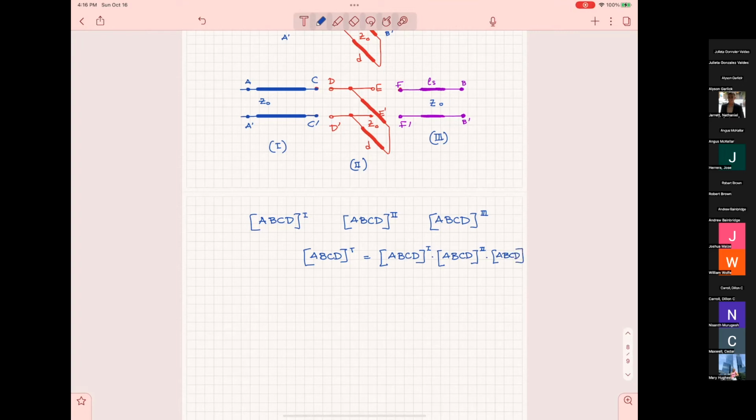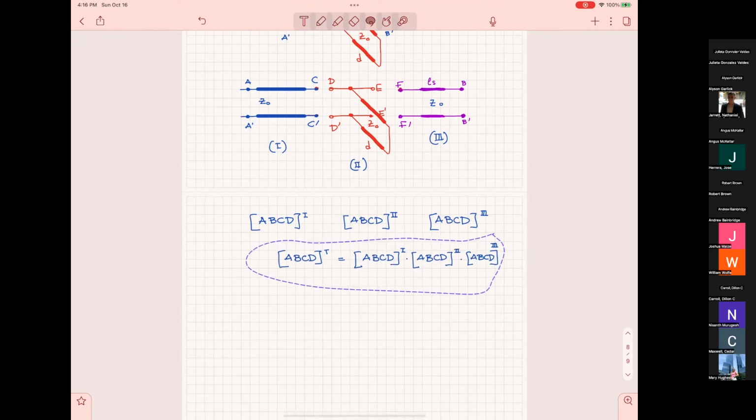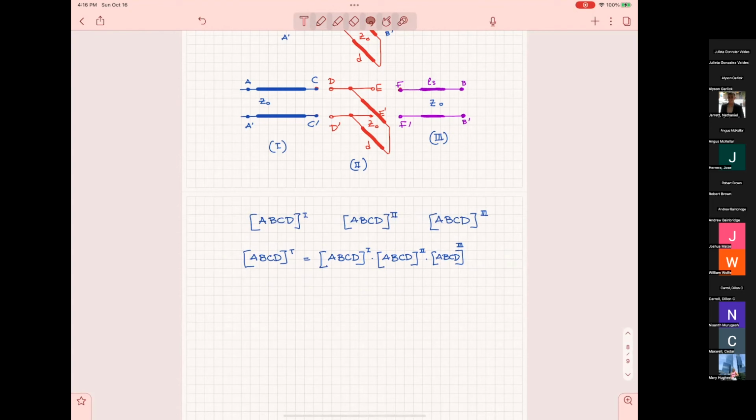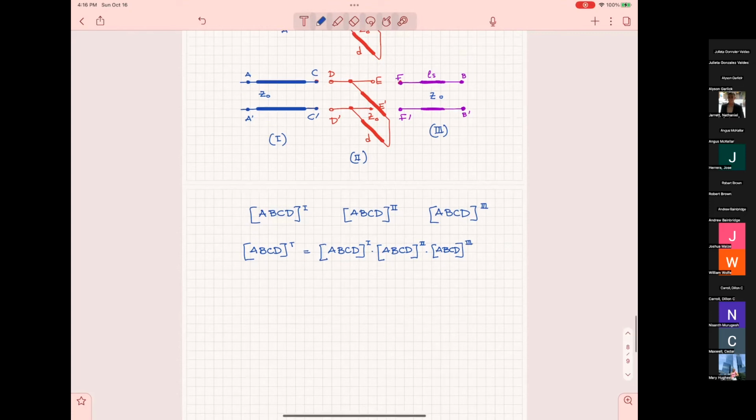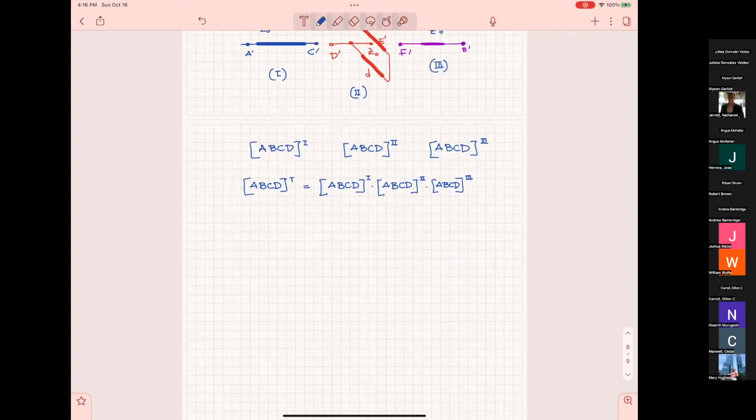Can somebody explain to me why I can write this expression? Have you guys reviewed ABCD matrices?